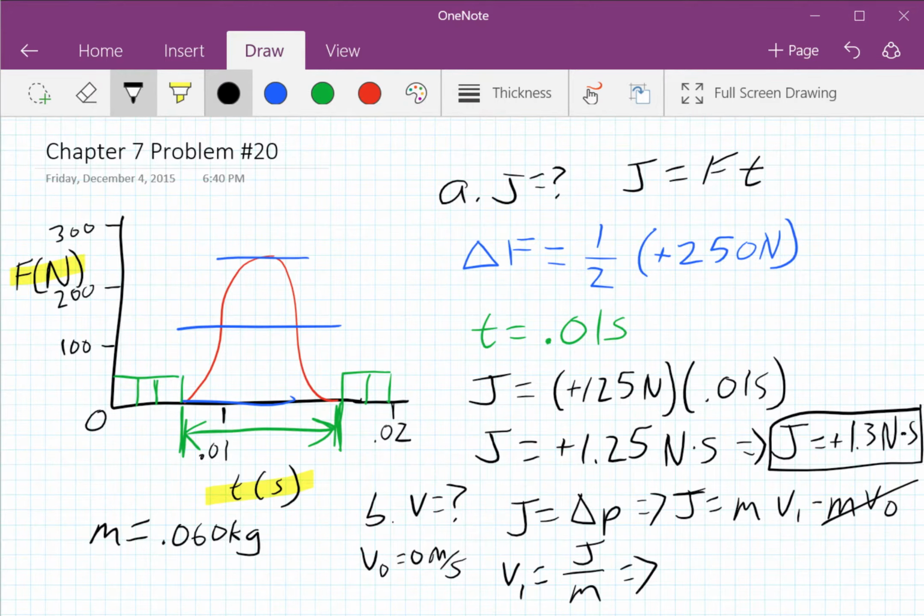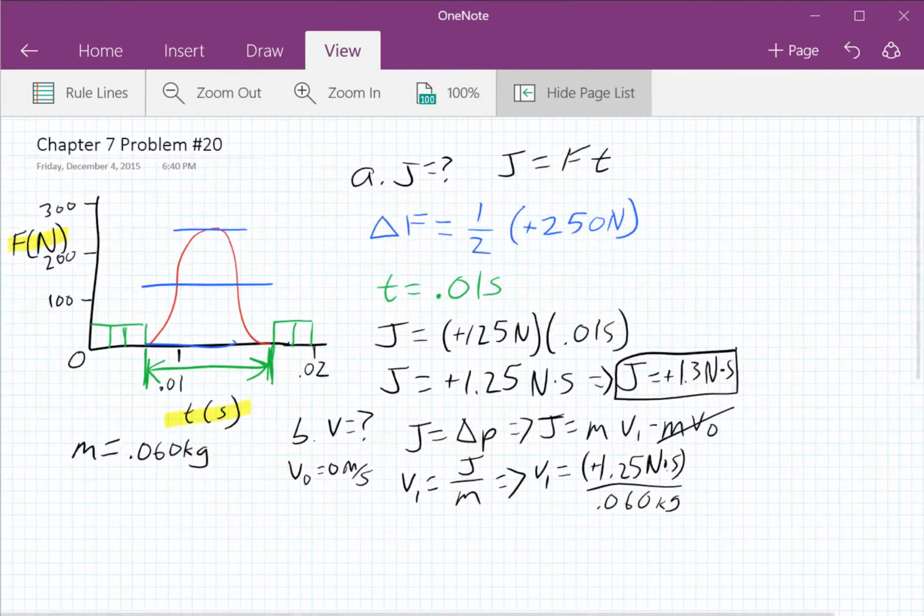Don't use the rounded number, so you'd have v1 equals a positive 1.25 newtons times seconds over 0.06 kilograms. I'm going to zoom out.